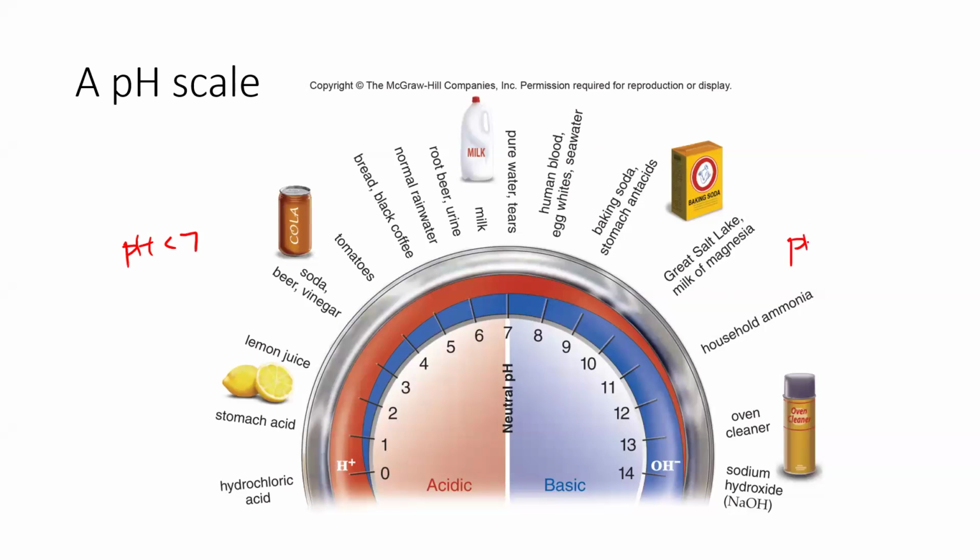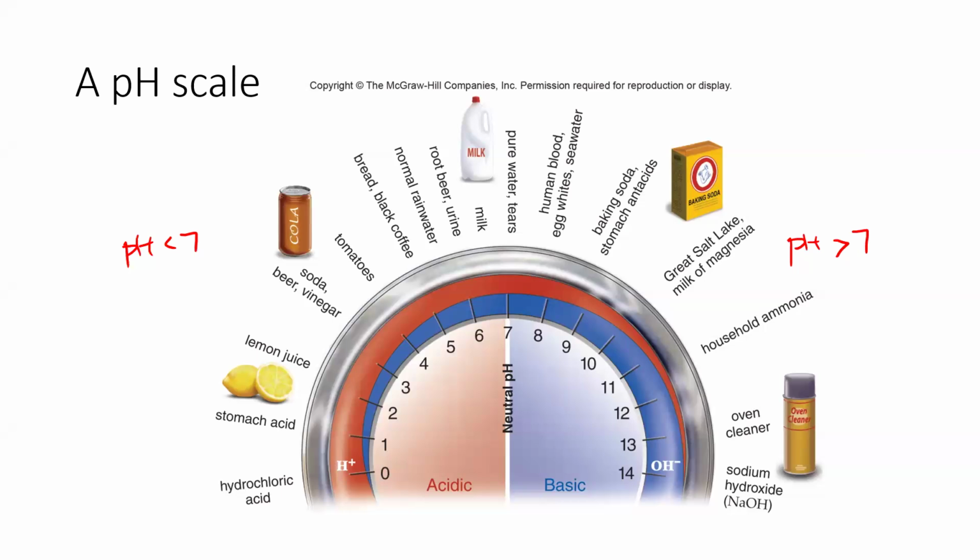A base is more than 7, greater than 7. These tend to be bitter stuff, slippery when you touch them. You shouldn't really be touching a very strong base without protection anyway. If you touch bleach, it is very slippery, but if you keep rubbing, it actually burns your skin off. So they are corrosive as well. That tends to be cleaning products.